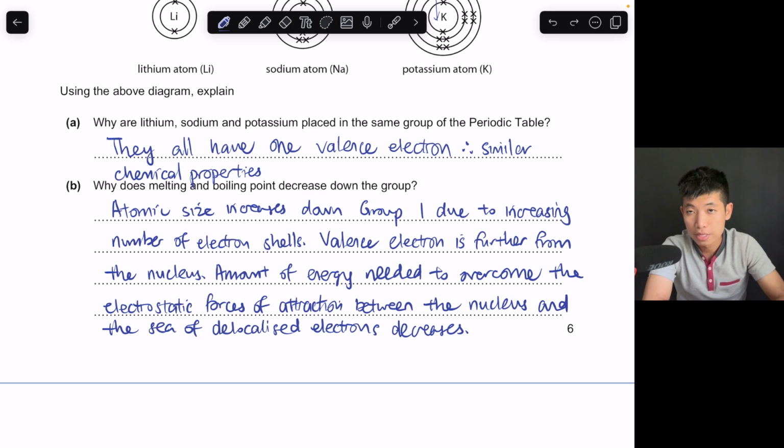Going down group 1, the size of atoms increases because we have more electron shells, and this results in the valence electron being further away from the nucleus. As a result, going down the group, the amount of energy needed to overcome the electrostatic forces of attraction between the nucleus and the sea of delocalized electrons decreases. Therefore, the melting point decreases down the group.